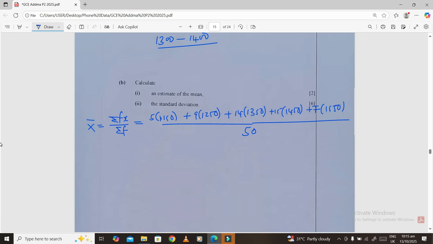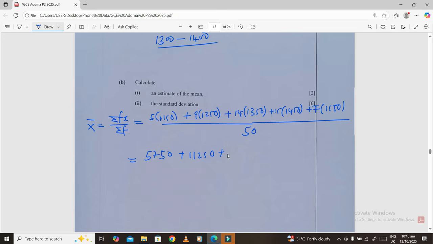Start working out things. So when we simplify here, what are we getting for the first one? You must show all the steps in order for you to get more marks. When you multiply 9 times 1250, this is giving us 11250, plus, and then here 14 times 1350.